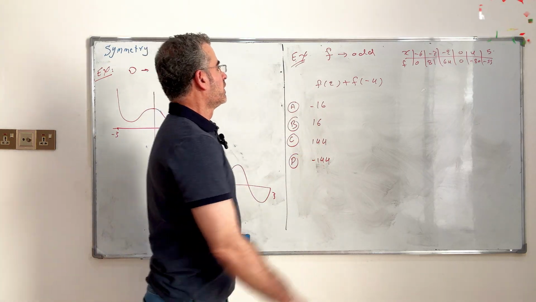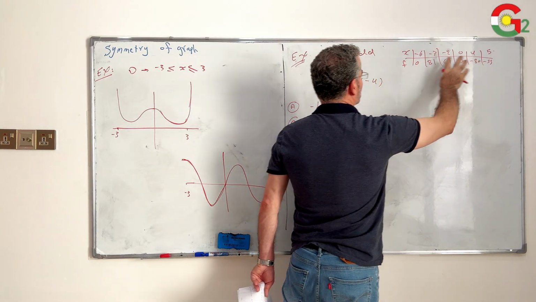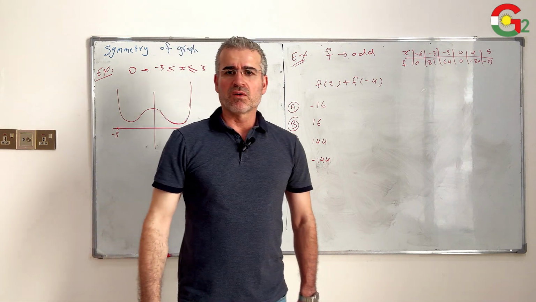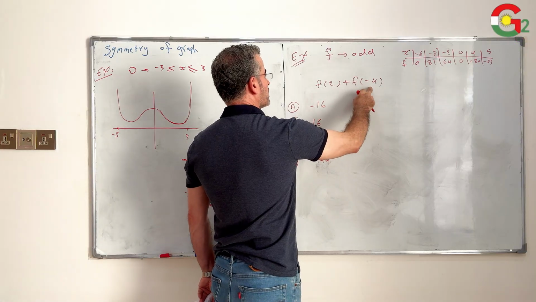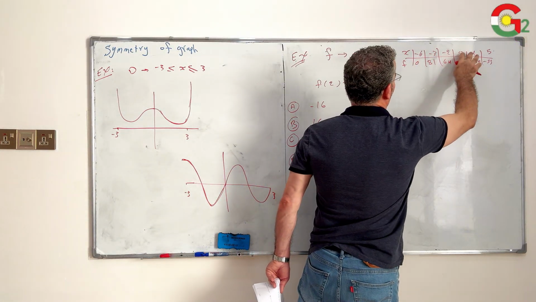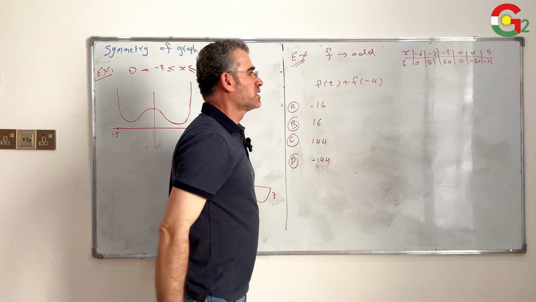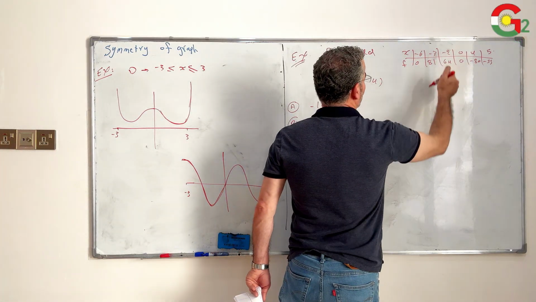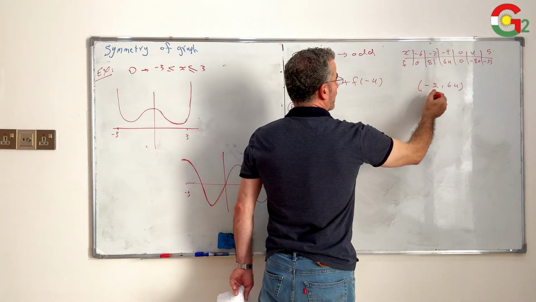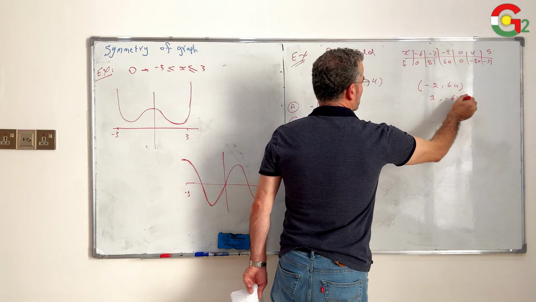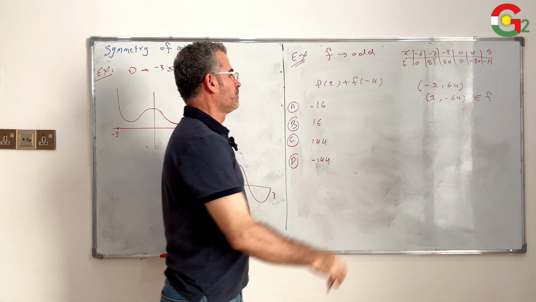The last example: if the function f of x is odd and this table is for some points of the function, find f of 2 plus f of -4. I don't have the value at 2, but I know that the function is odd, and since the point (-2, 64) is on the graph, then the point (2, -64) also belongs to the graph of the function.